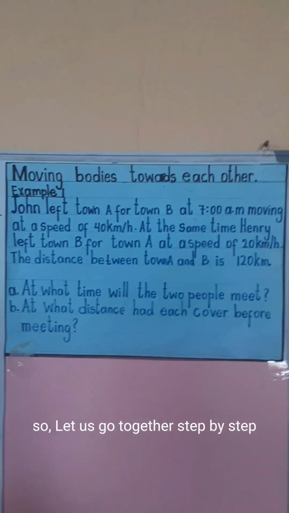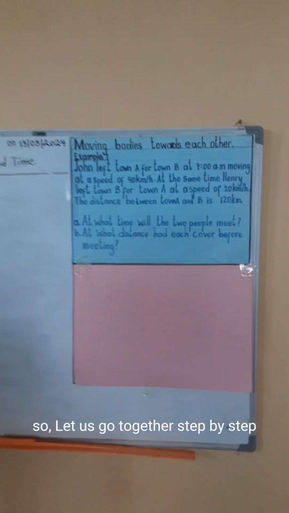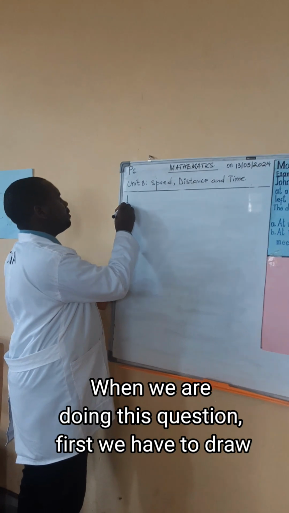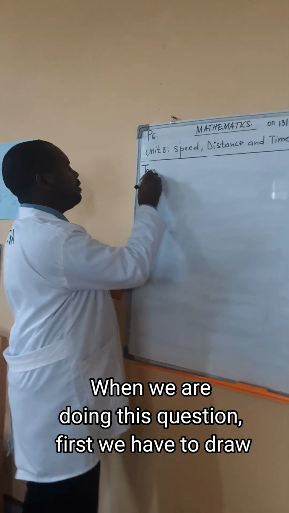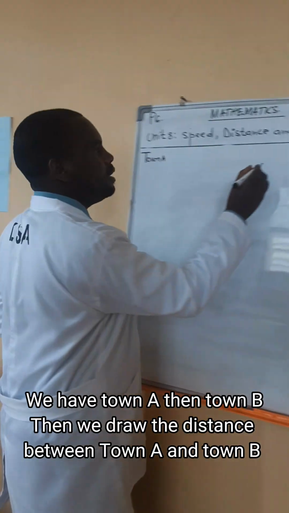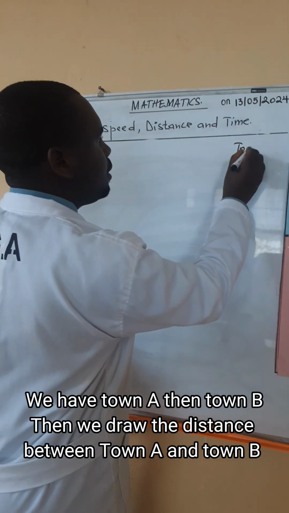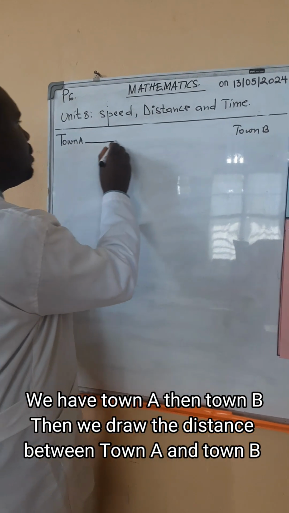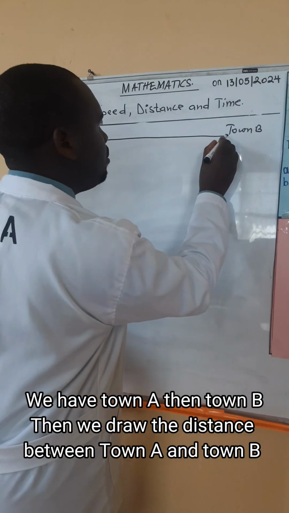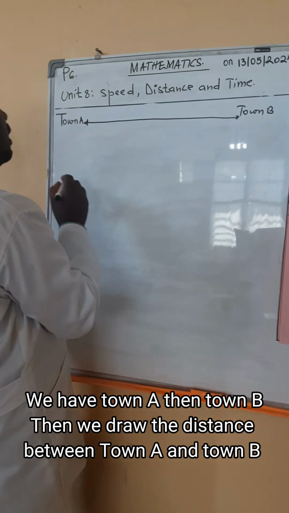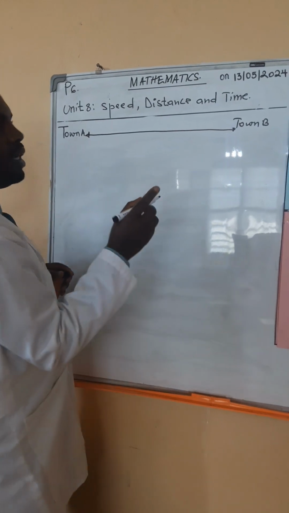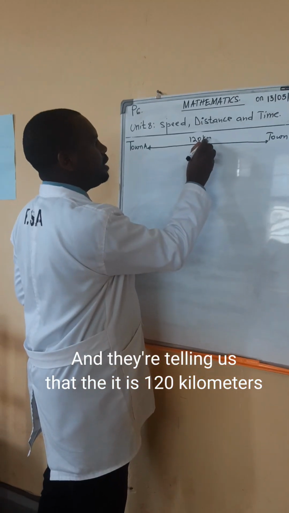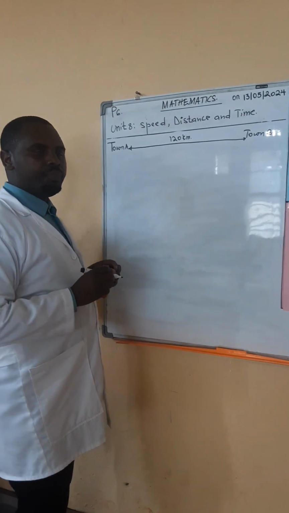So let us go together step by step. When we are doing this question, first we have to draw. We have town A, then we have town B. Then we draw the distance between town A and town B, and they are telling us that it is 120 kilometers.